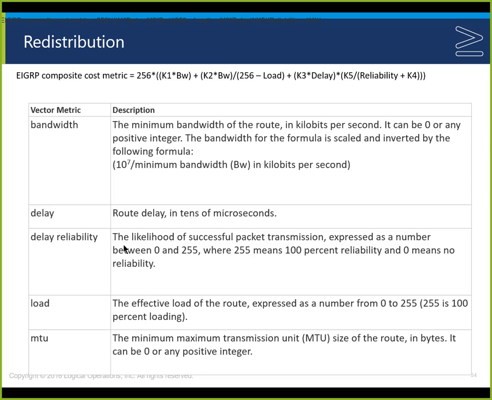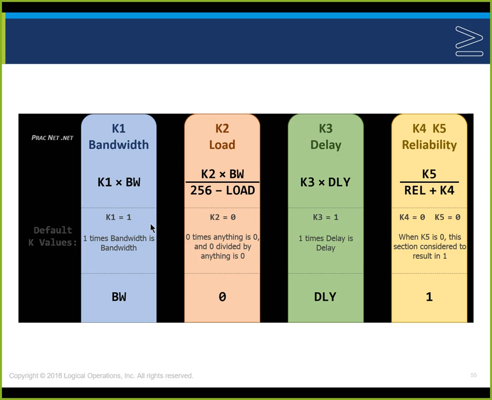And then reliability, the likelihood of successful packet transmission, is a number between 0 and 255. 255 means 100%, 0 means 0 reliability. This is, again, that formula on how to calculate it. The K1 bandwidth: K1 times the bandwidth. K1 is equal to 1.